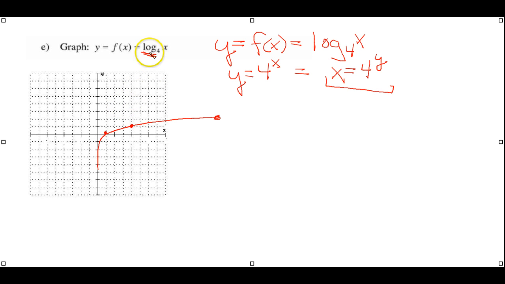And that is the graph of this particular logarithm. Now remember, we did this one where this one was a 1 here and a 4 there and a 16 way up there, and this was the inverse of that.